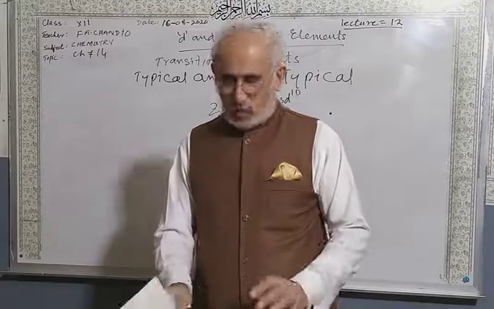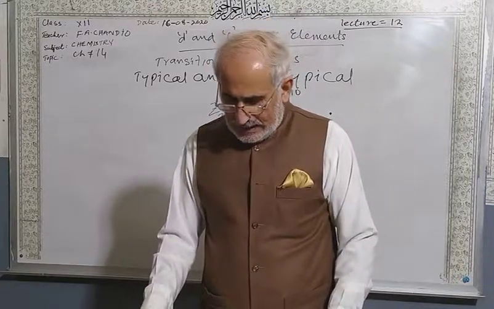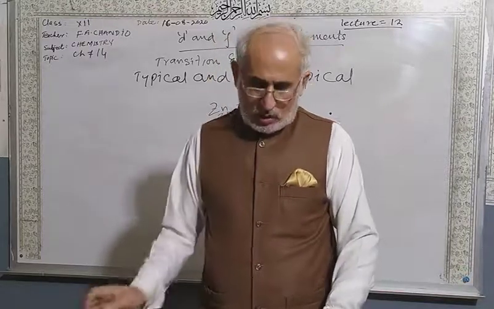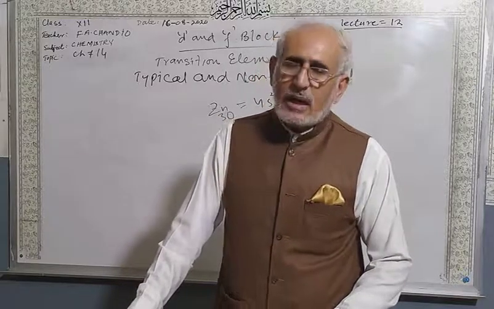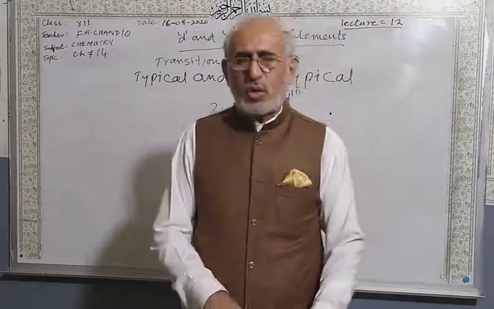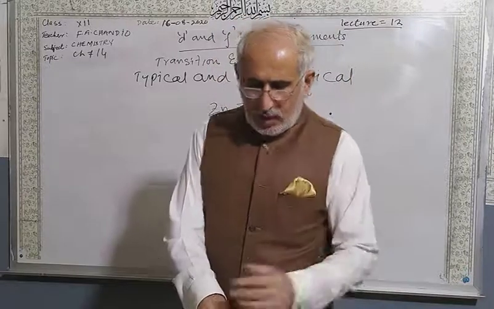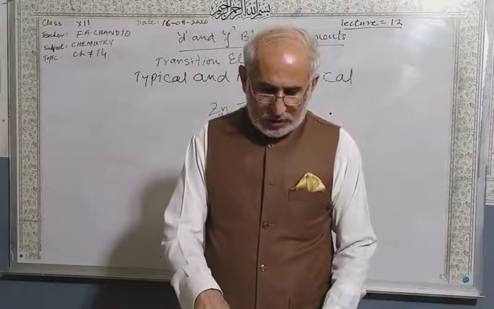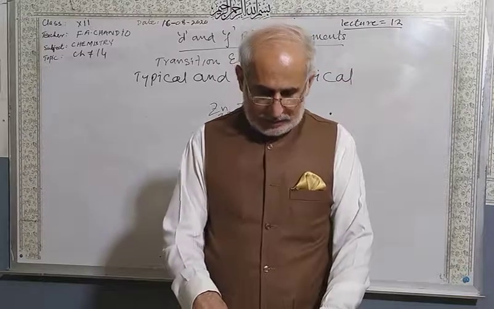So students, in group 2B elements, zinc, cadmium, and mercury, the d sub-energy level is completed. They do not show the typical properties of transition metals, and they have no partially filled d orbitals. Due to this reason, they are called non-typical transition elements.